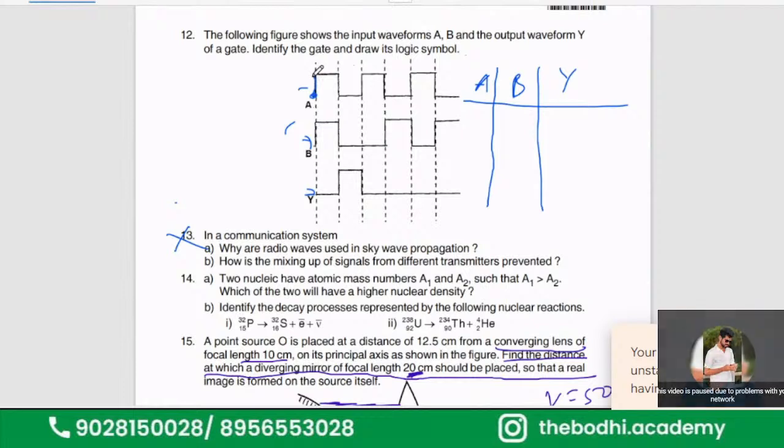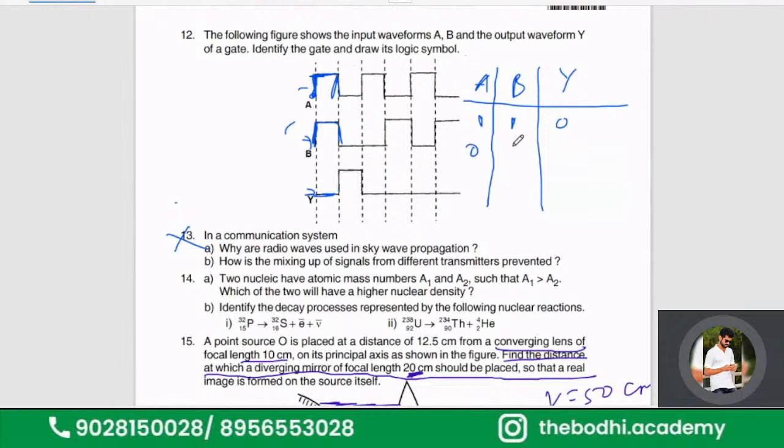This means 1, this means 1, and this means 0. So we have 1, 1, 0. Then let's take all the combinations. Second, here it is 0, 0, 0, and then this is going 1, 0, 0, 1.